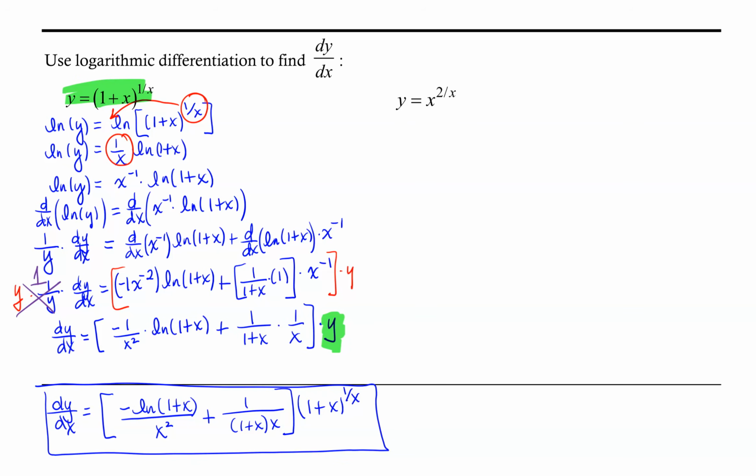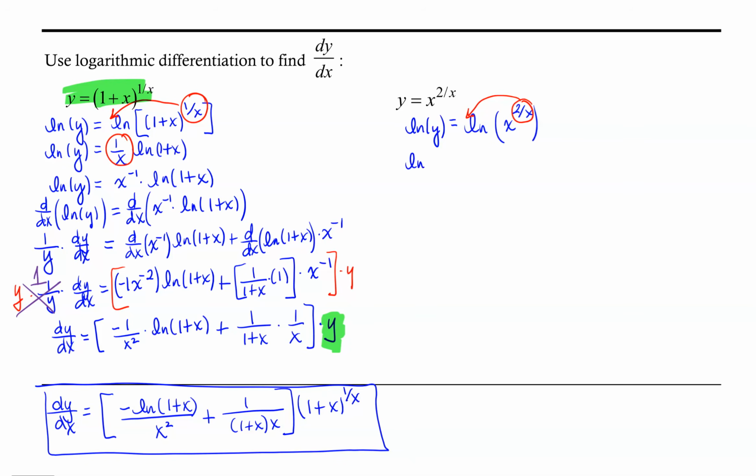So again, variable in both the base and in the exponent, so we'll apply a natural logarithm to both sides of the equation. So the natural log of y equals the natural log of x raised to the 2 over x power. We'll go ahead and use that exponent property within logarithms to bring the 2 over x as a factor in front of the logarithm.